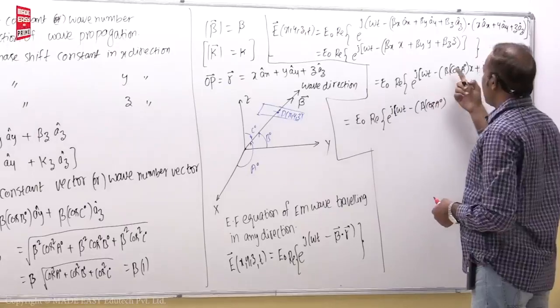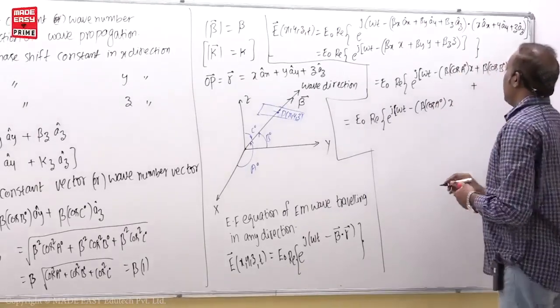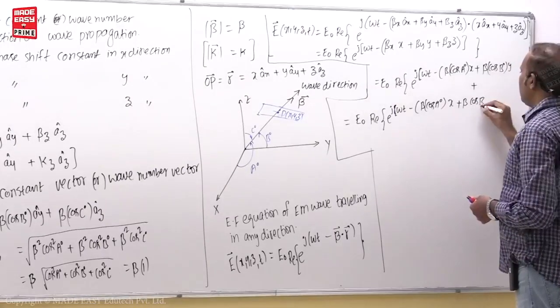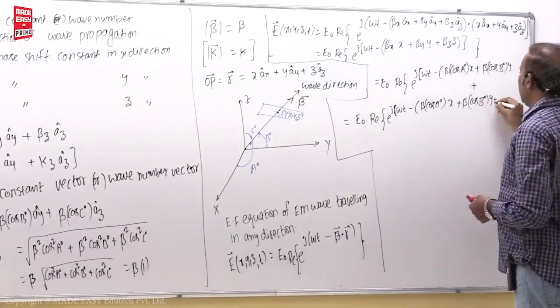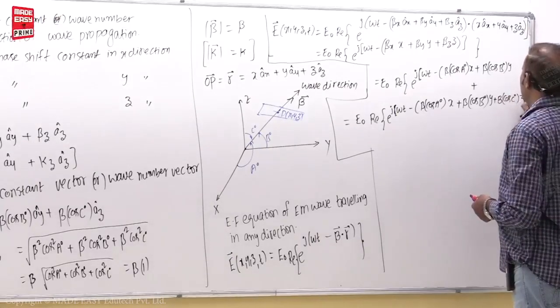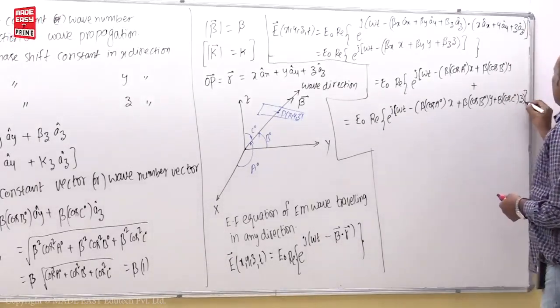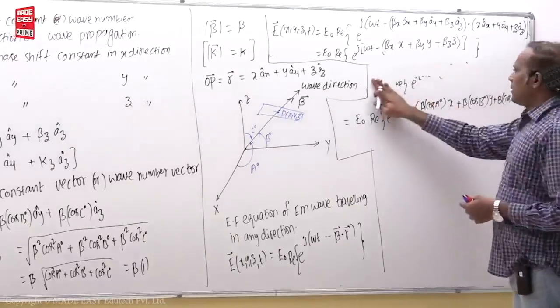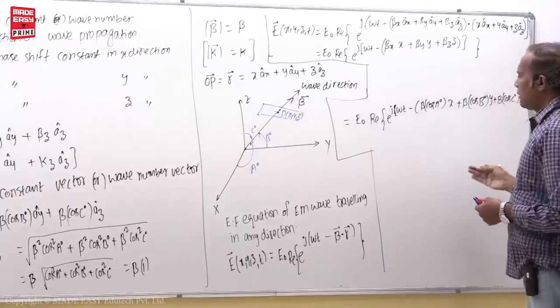Already you know these things, beta x you know. So this is the equation. You can remove this one.